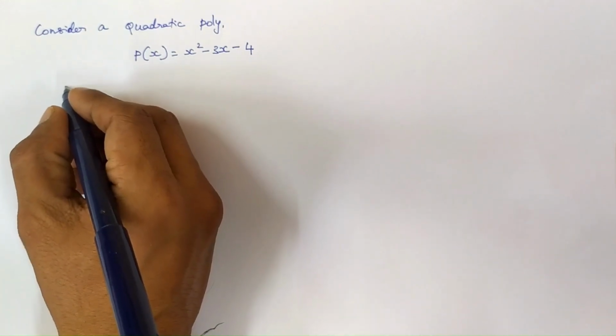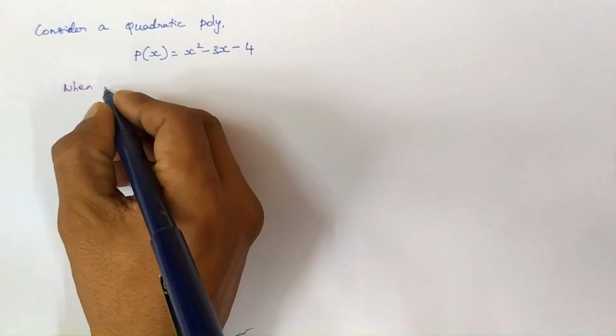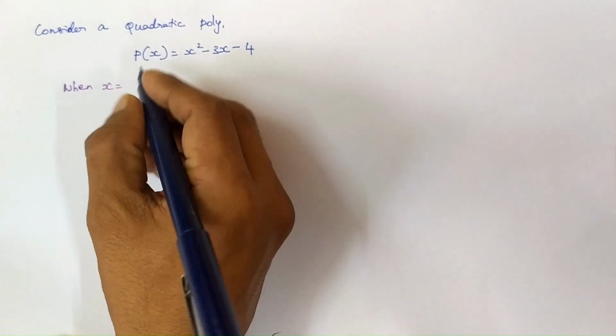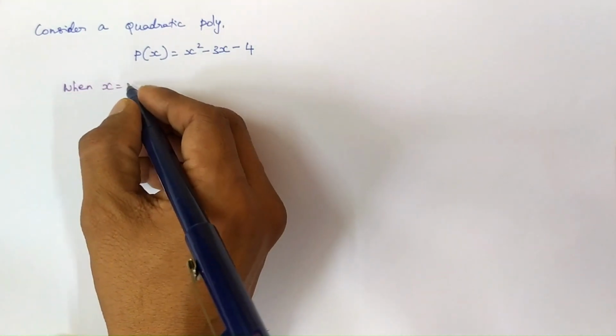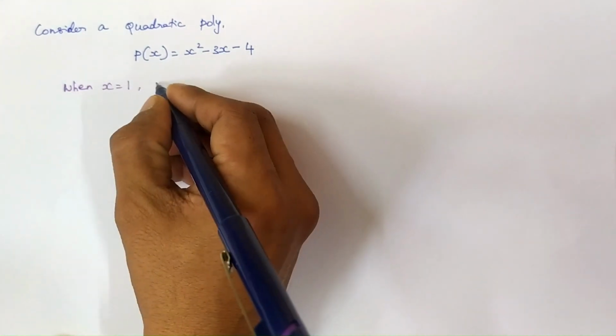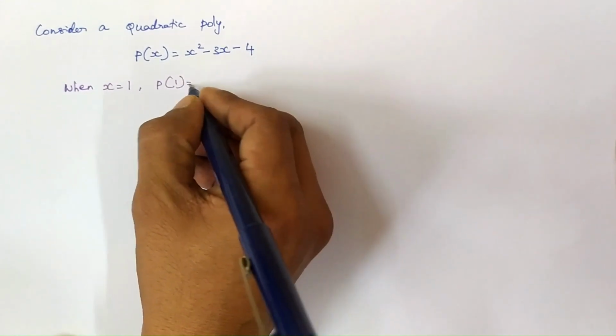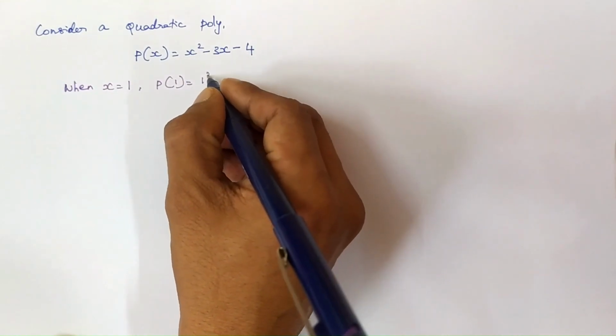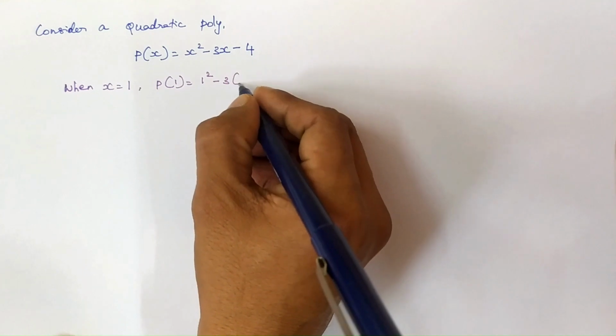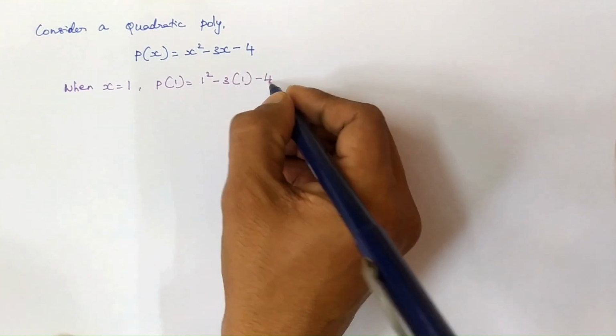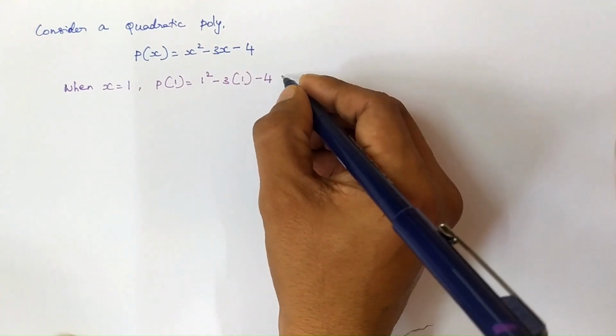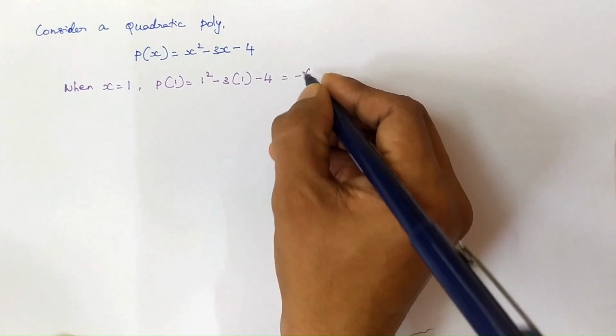When x is equal to 1, that is p of 1 is equal to 1 square minus 3 into 1 minus 4. So the value of this is equal to minus 6.